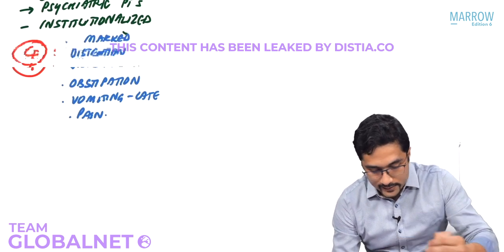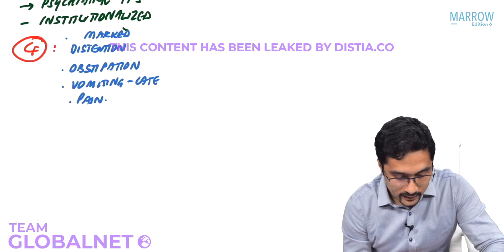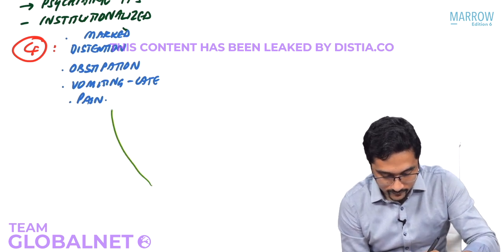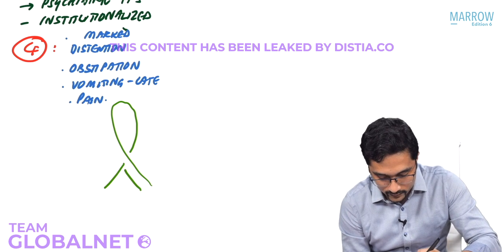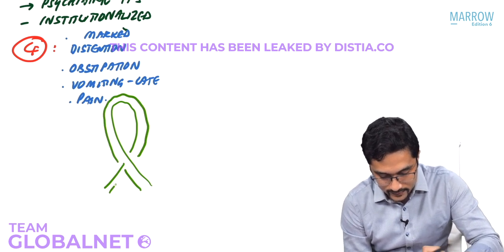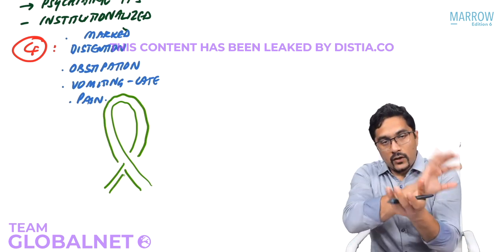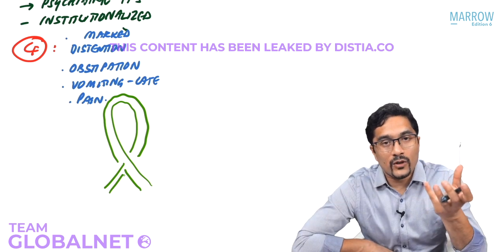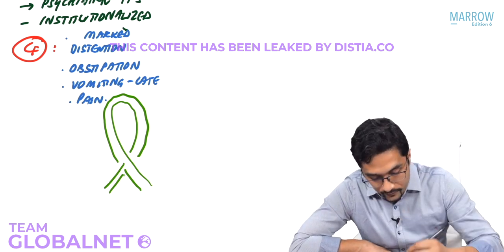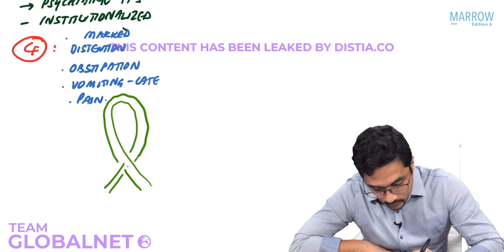Now the problem with sigmoid volvulus is that, look, if this is the sigmoid and it is undergoing volvulus, it rotates on its axis and the vessels are going to also get twisted. So there is obstruction occurring at 2 points. One point is here, another point is here.